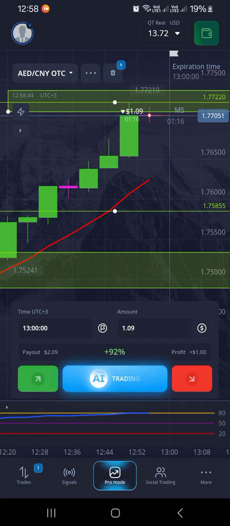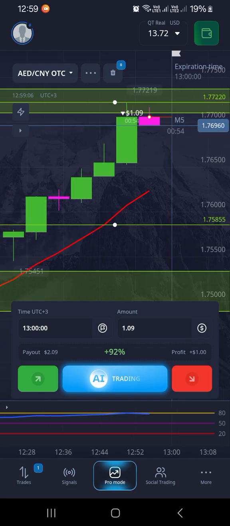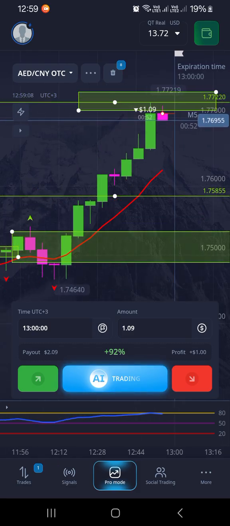But remember, guys, if I lose this trade, it's because this candle started inside this previous candle, and I have explained when the candle starts inside the previous candle, in most cases it indicates continuation. When a candle starts outside the previous candle, it indicates reversal. Let us wait and see, guys, whether we will win this trade.